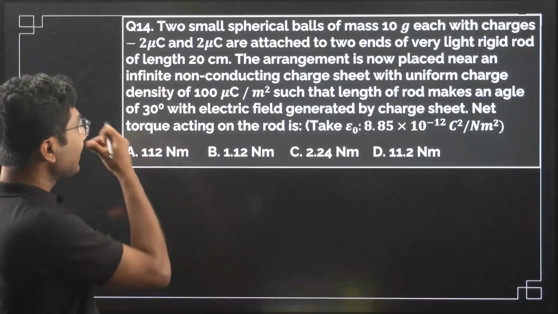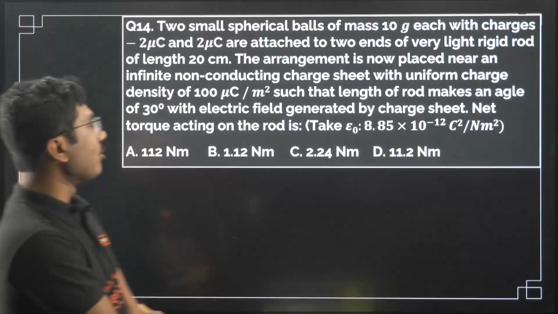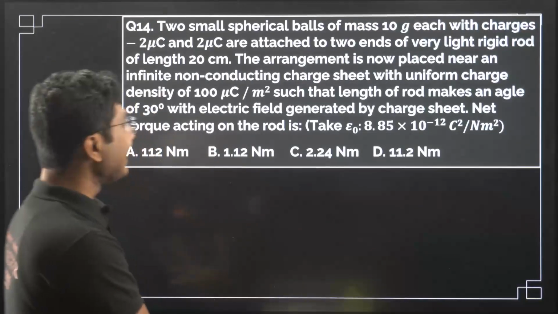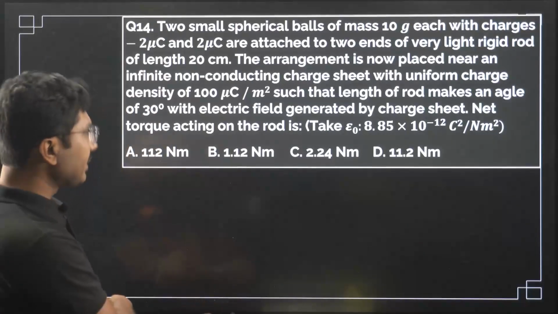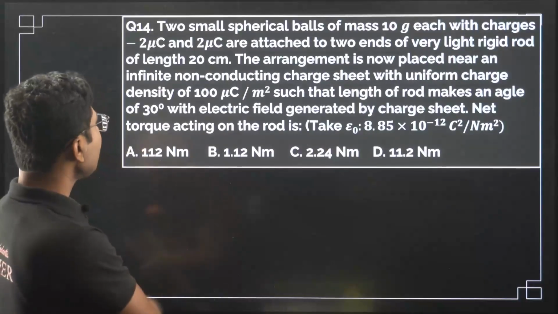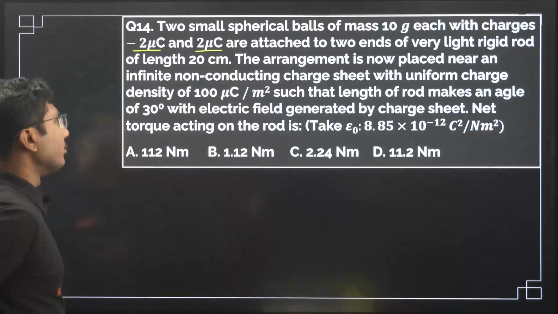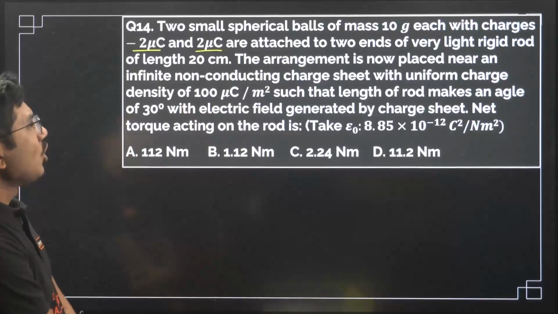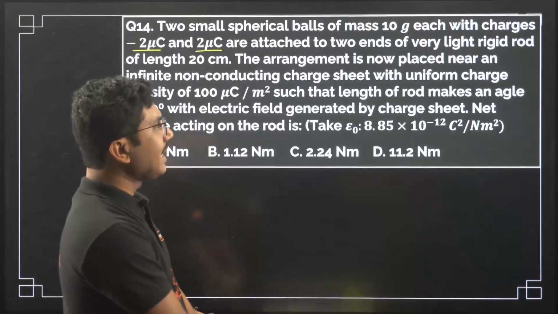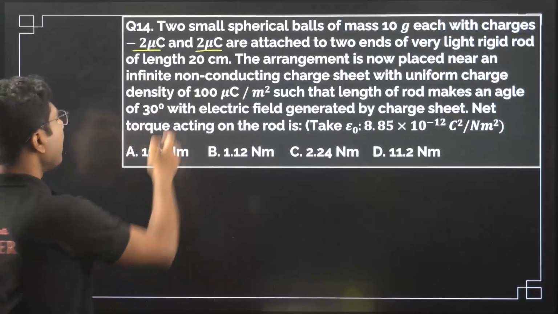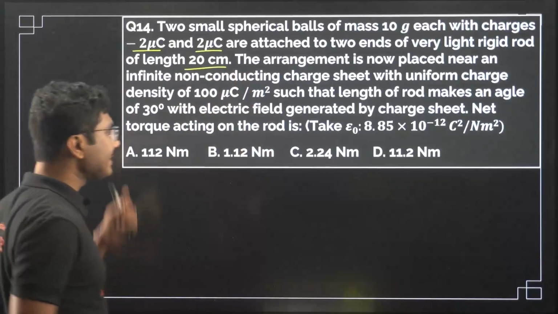Now next question: two small spherical balls of mass 10 grams each with charges minus 2 microcoulomb and 2 microcoulomb are attached to two ends of a very light rigid rod of length 20 centimeter.